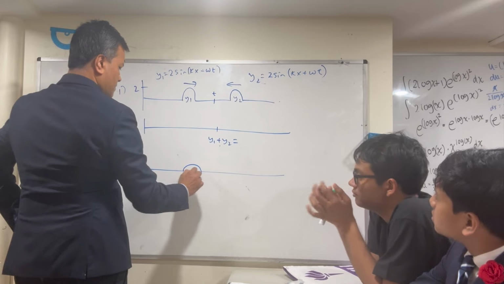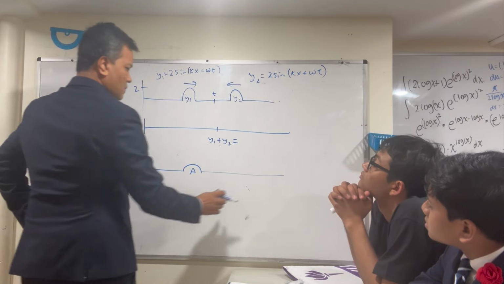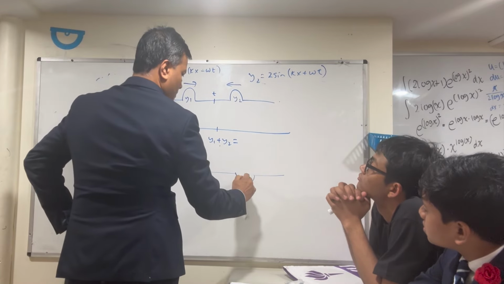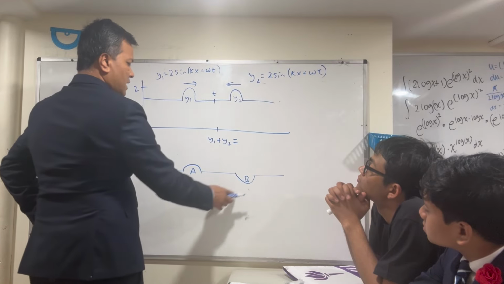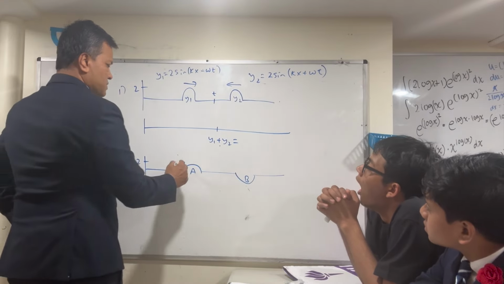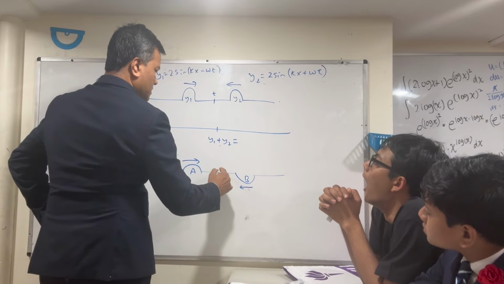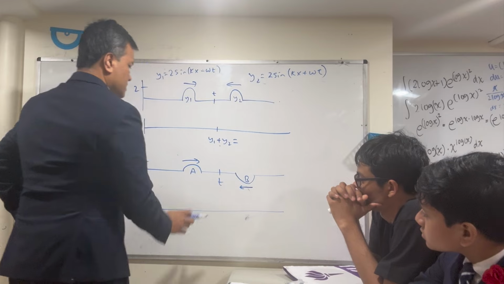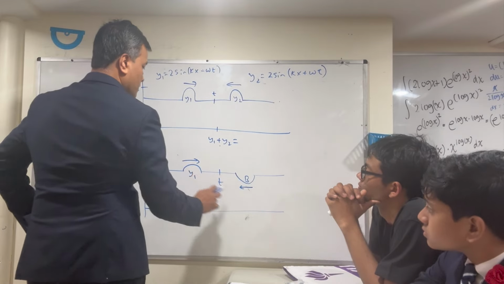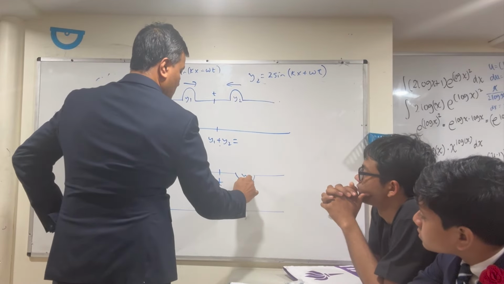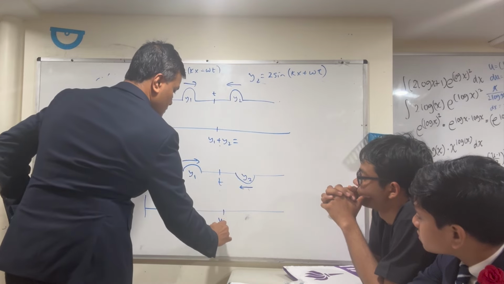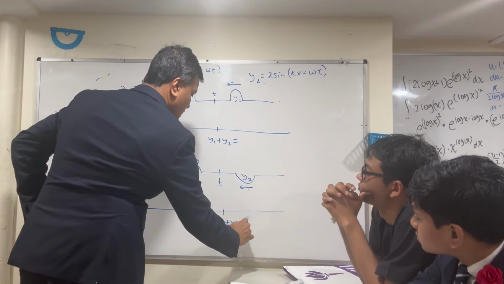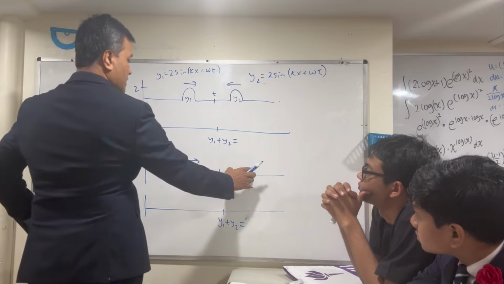This is A, this is B. A and B are the same magnitude but opposite in direction. They meet at t. So Isaac is going to write the equations y1 plus y2, and also the equation for here.